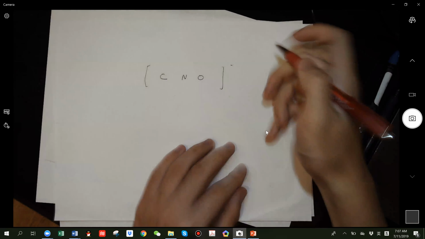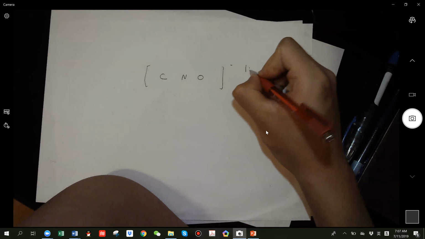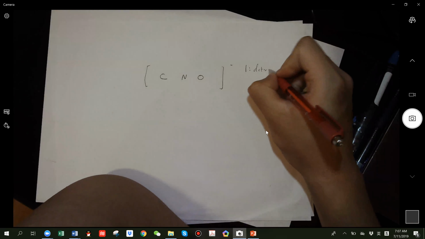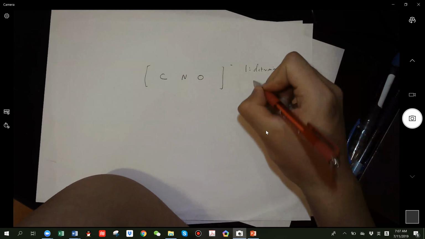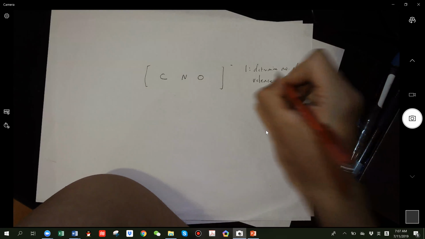Okay. Remember the first step was to determine the total number of electrons. Can someone tell me how many valence electrons are in this ion, the total number of valence electrons? Let me check that.